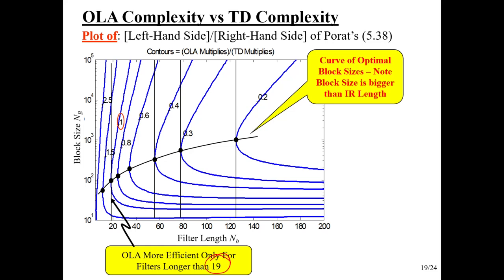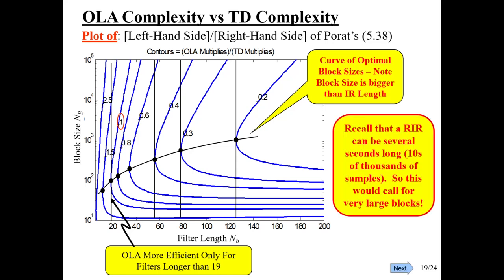Our very first output can't happen until we've collected one entire first block. So if our block size is really big, that might not be good. We might have to wait too long for the output to come out. But in many applications, that's not an issue. That much latency might be perfectly okay. So you have to assess it for your application.